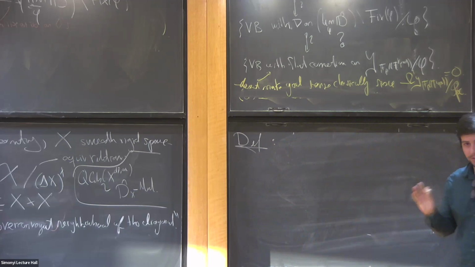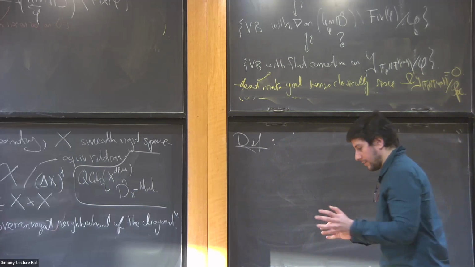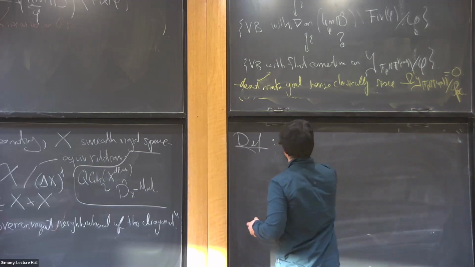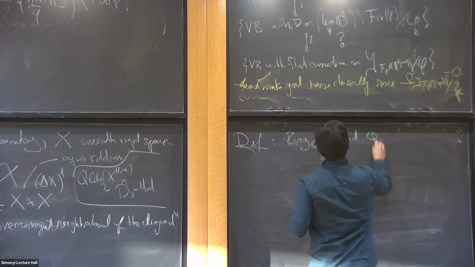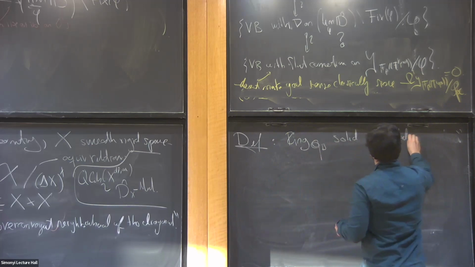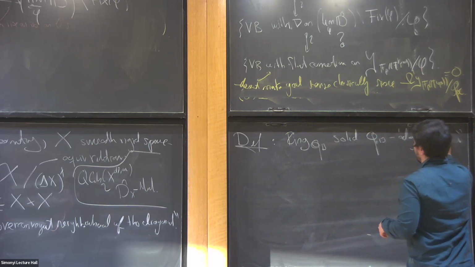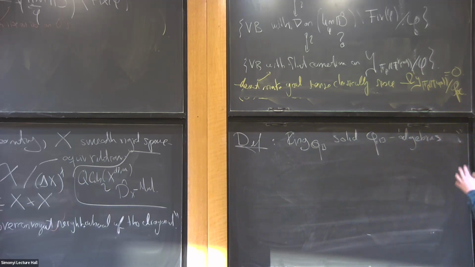As I said, these objects live in this world of analytic geometry. So let me start with some category of solid algebras, kind of completed algebras for the p-adic tensor product.